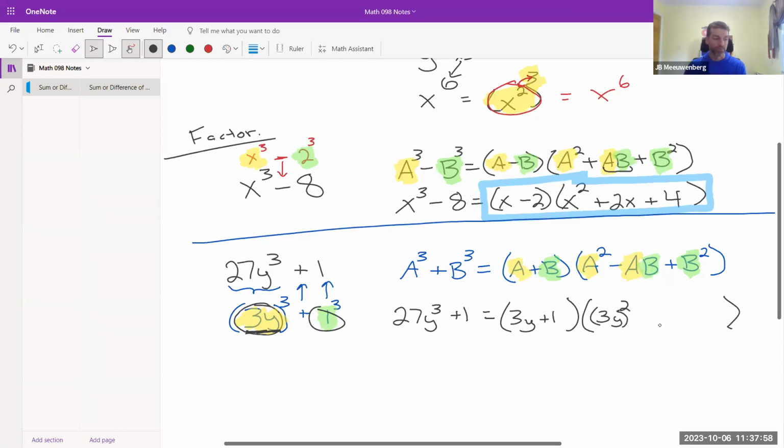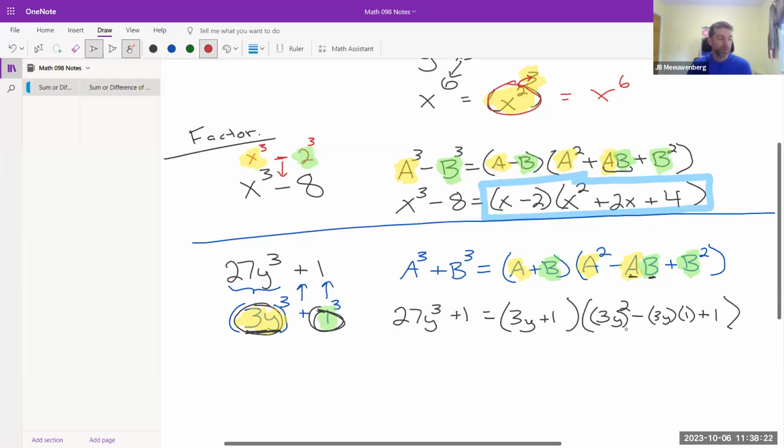That might be helpful. Minus a times b, 3y times 1. It's not always going to be 1, so it's often helpful to write it as 3y times 1 like that, the a times the b in parentheses. Plus b squared, 1 squared. That one's pretty simple. We know that's just going to be 1.